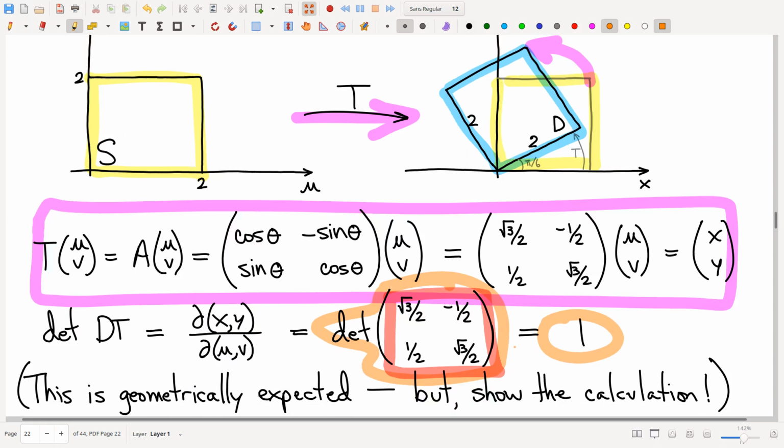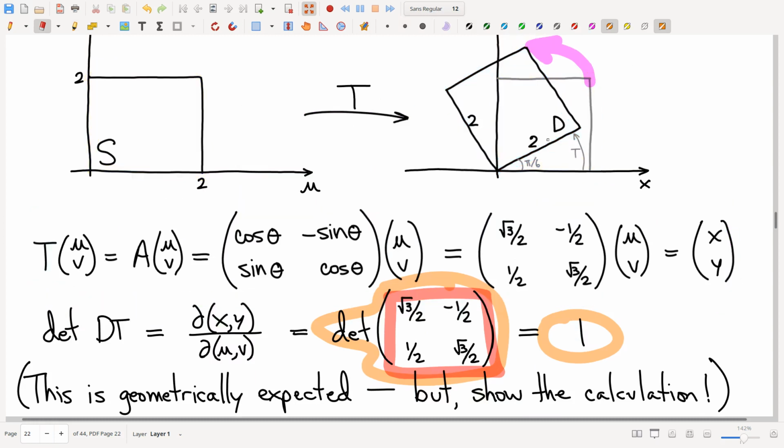All right, now I claim this is what I'm going to call expected. Let me draw focus here. This Jacobian determinant, my stretching factor, is 1. Why is that to be expected? Keep in mind, all I did is rotate. And if you think about what happens when you rotate, nothing gets bigger, nothing gets smaller, nothing's being stretched, nothing's being squished.